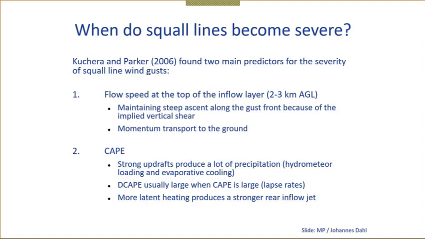When do squall lines become severe? Then you have to take into account two factors. That's the flow speed at the top of the inflow layer, most of the time 2 or 3 kilometers above ground level.